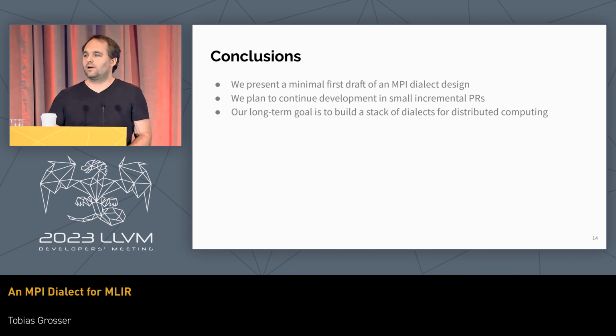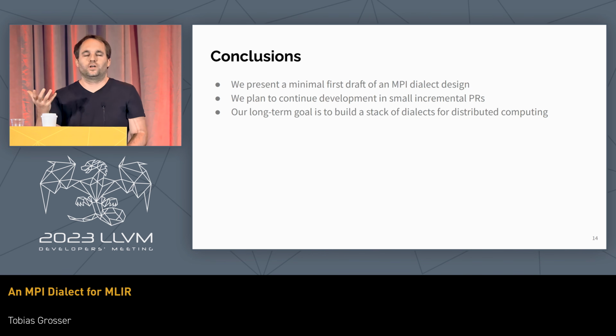But that doesn't mean that there are not interesting questions in how to design this kind of dialect stack. The typical question that some of you may now ask is, is MPI actually the right abstraction to generate code in MLIR on these kind of clusters? And often the answer probably is maybe not, right? MPI is an interface dialect that allows us to target these clusters, but there might be potential higher level dialects that one can build.